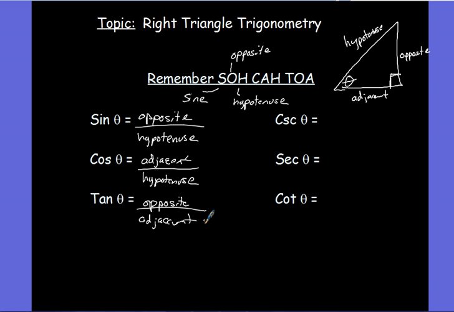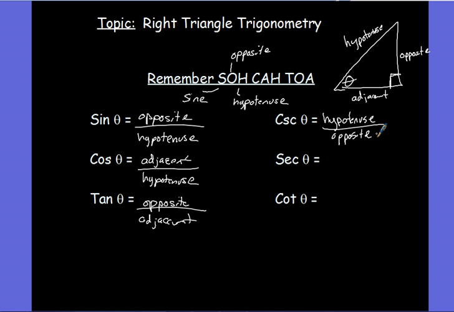Alright, so here's the thing. Now I introduced three new trig functions to you. Cosecant and secant and cotangent. Now I'm not going to give you another acronym, okay? Because here's the rule. You already know what cosecant and secant are. They're just a reciprocal of sine and cosine. So good. So if sine was opposite over hypotenuse, then cosecant is what, guys? Hypotenuse over opposite.